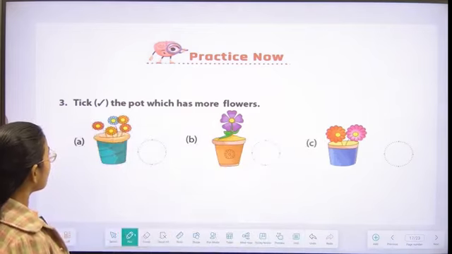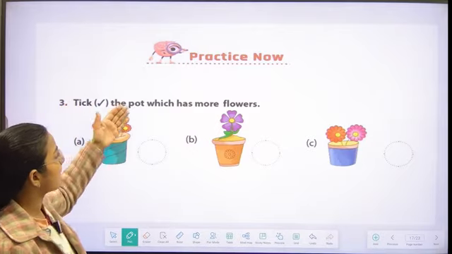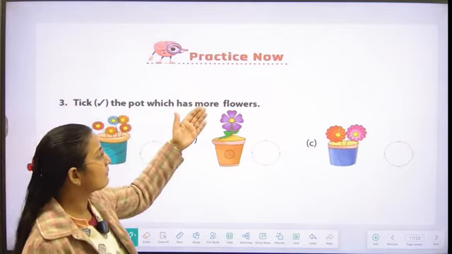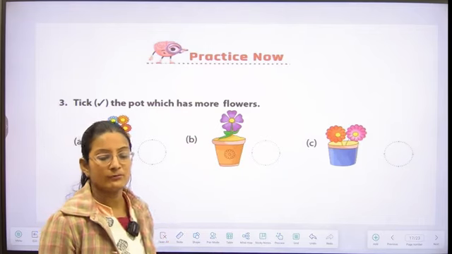Read the question with me. We have to tick the pot which has more flowers. What we have to do?